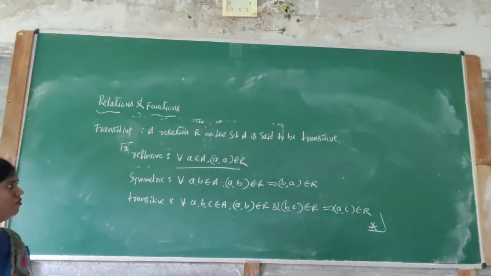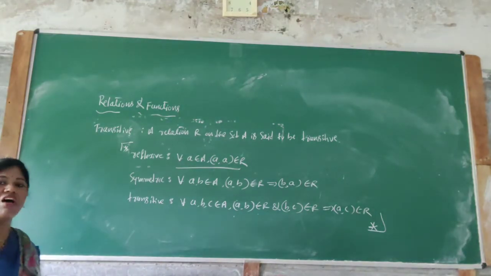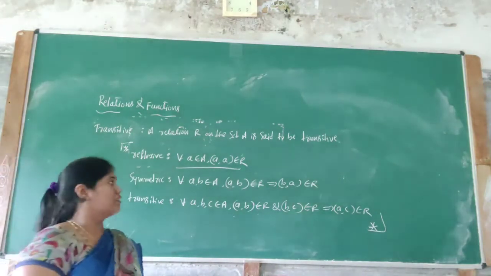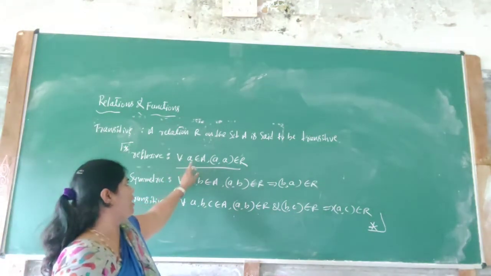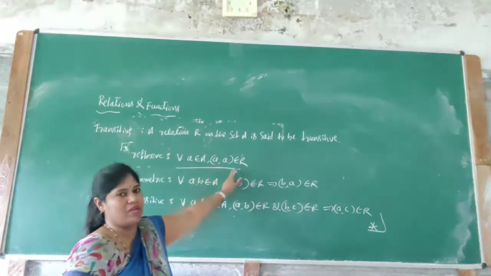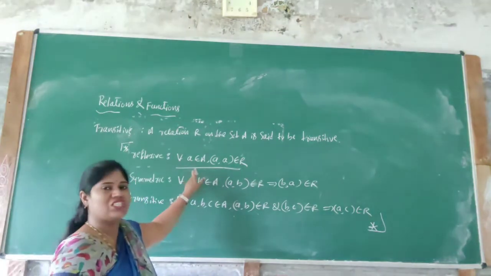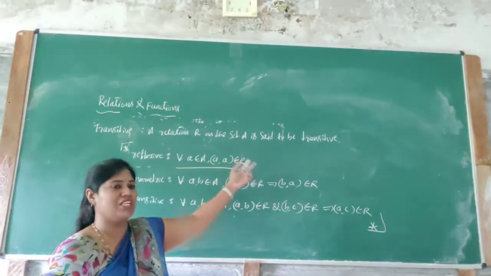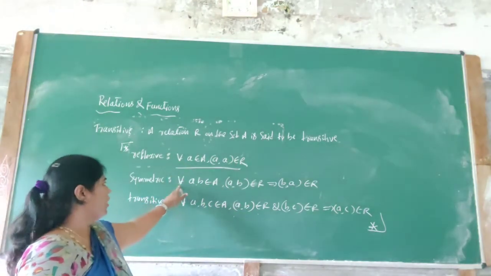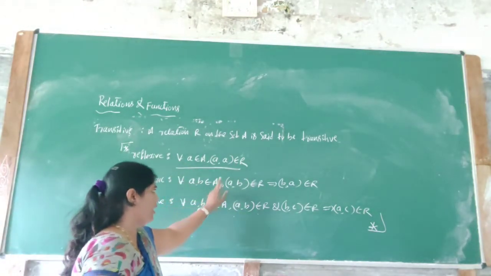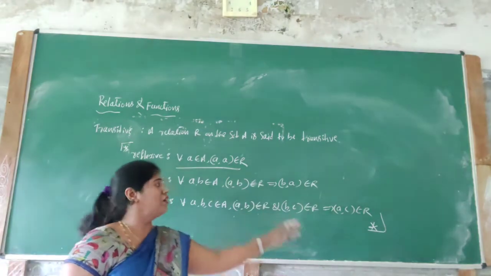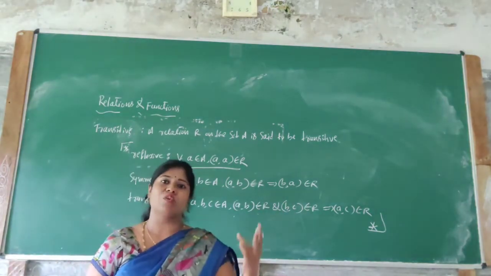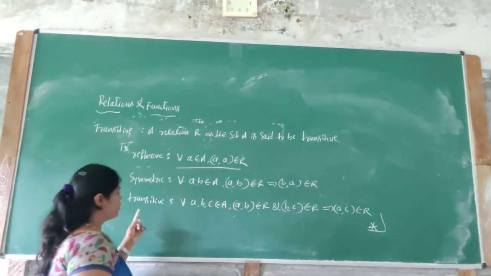What is reflexive? A relation R on the set A is said to be reflexive if for all a belongs to A, (a, a) belongs to R. You should know this statement. Symmetry: the relation R on the set A is said to be symmetric if for all a, b belongs to A, (a, b) belongs to R implies (b, a) also belongs to R. Next, transitive.